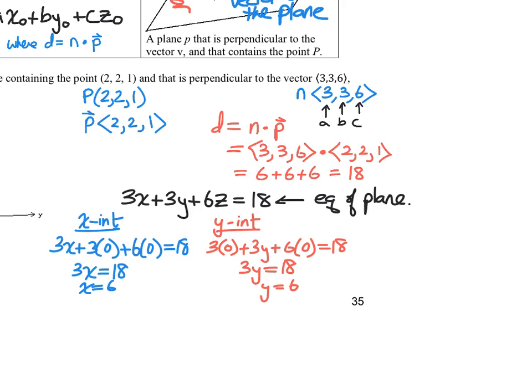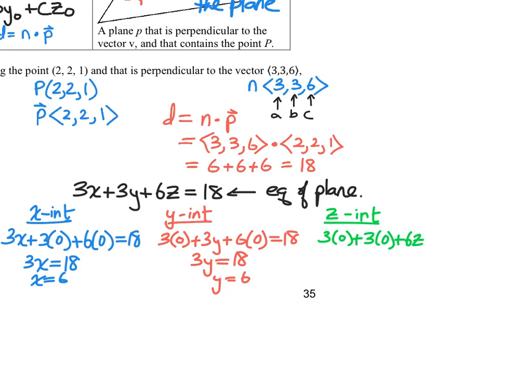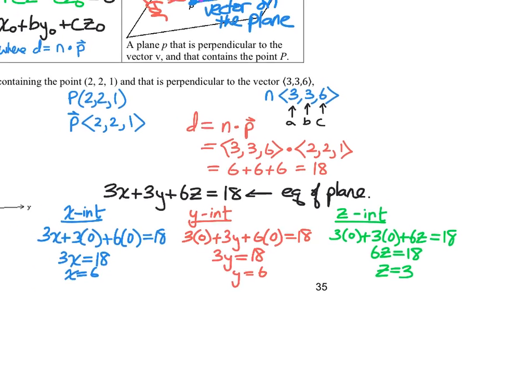You just let the other variable equal 0. Here you just have a couple of other variables. So for the z-intercept, let x and y equal 0, and you get your z-intercept.